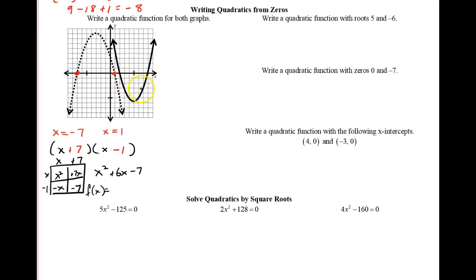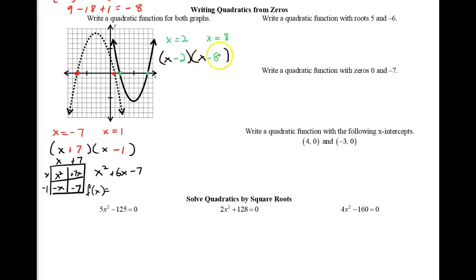Alright, now let's do the solid one. So here we have x equals 2. Here we have x equals 8. And we follow the same process. Write your binomials. And so x is a liar, so this is minus 2, minus 8.